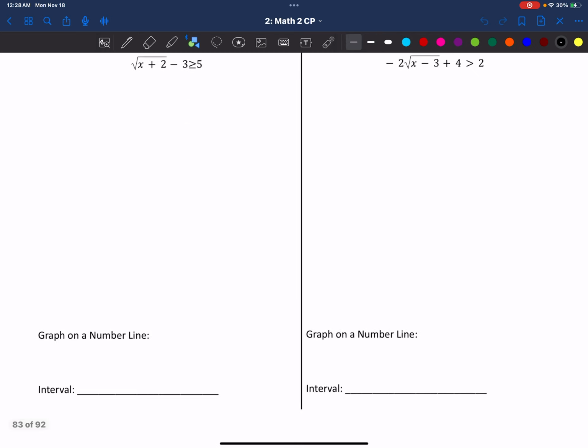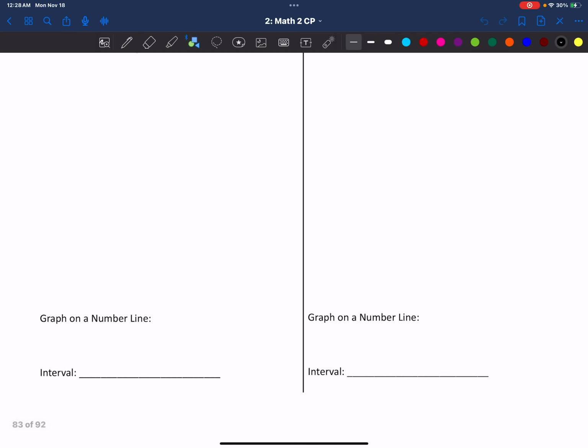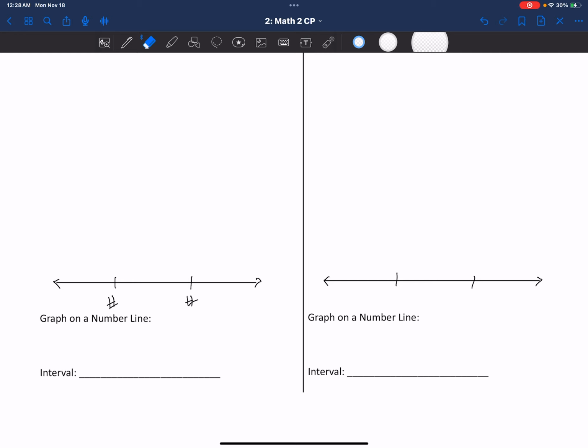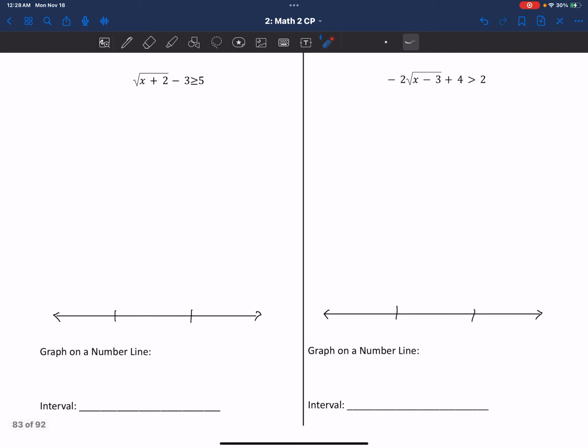So come here where it says graph on a number line. So you can just do a number line here, and then do a number line here. And then when you're doing this, you don't have to number it. You can just number your 2 numbers here. So whatever your first number is here, and whatever your second number is here. All right. And then just make sure when you're doing this, your hint for this one is wherever the inequalities overlap is the solution.